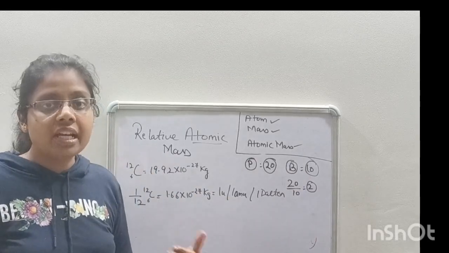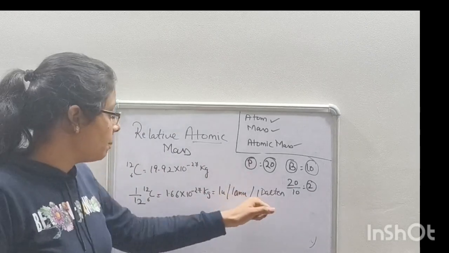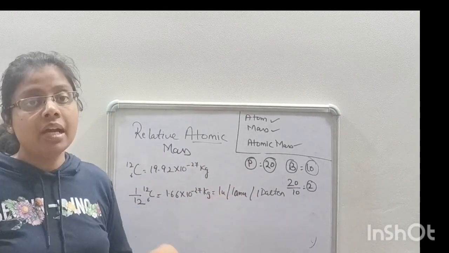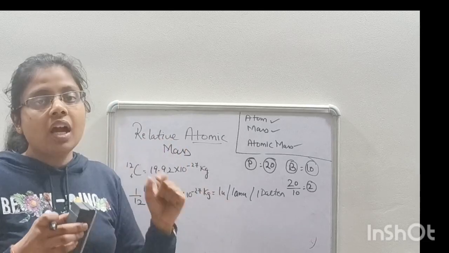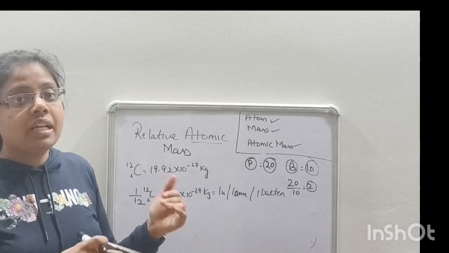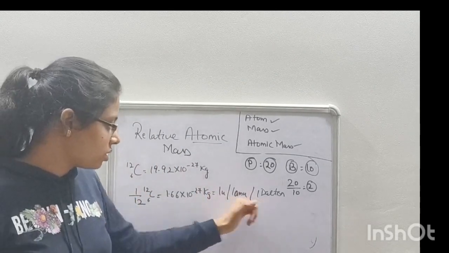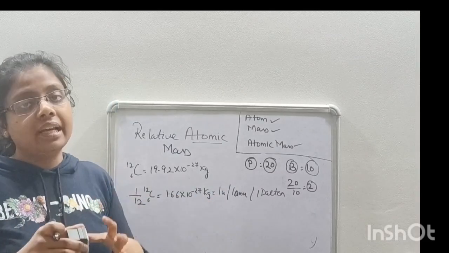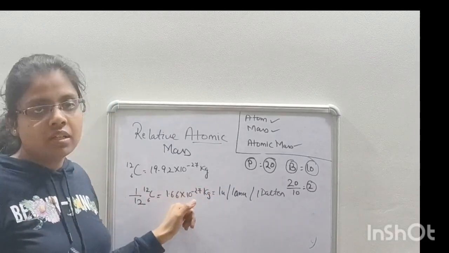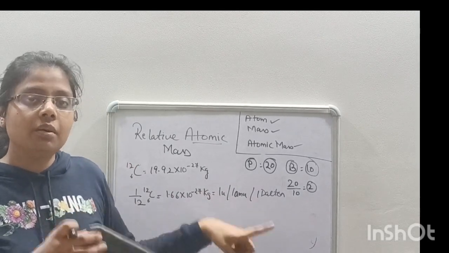In a similar way, scientists report the atomic masses of other elements as compared to 1/12 of the mass of the carbon atom, by representing how much higher that particular element's atomic mass is. It will always be higher because 1/12 of the carbon atom is a very small term. That represents our relative atomic mass.